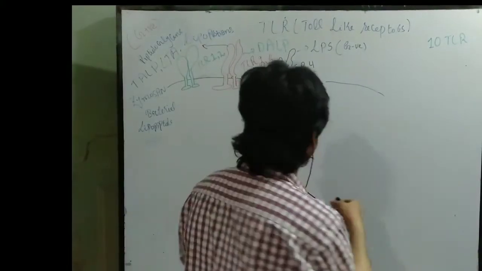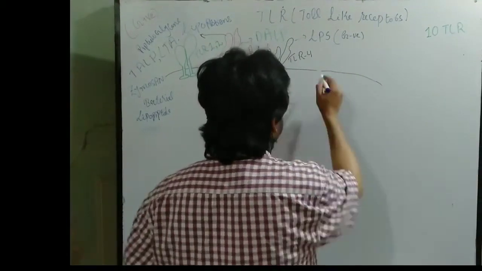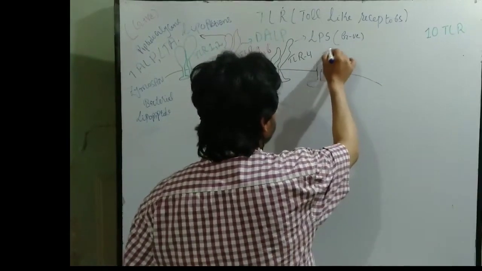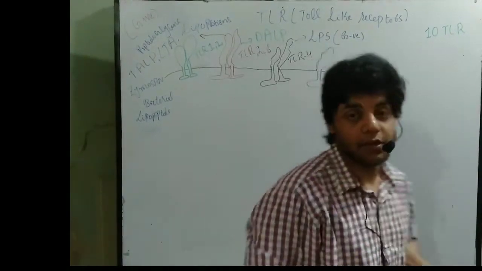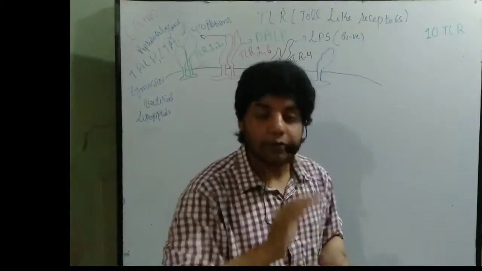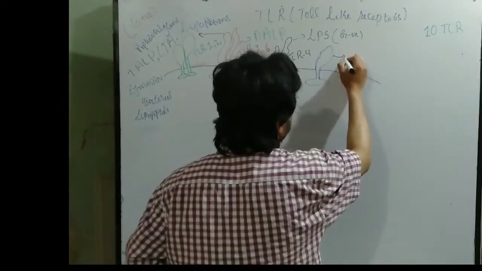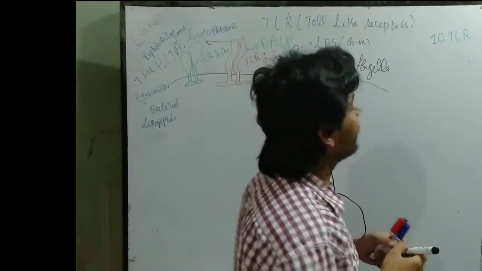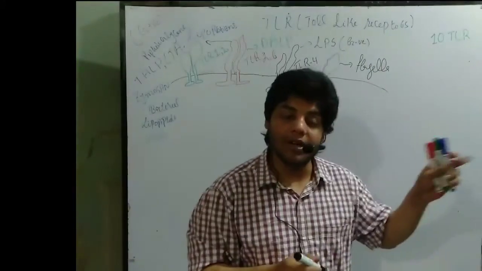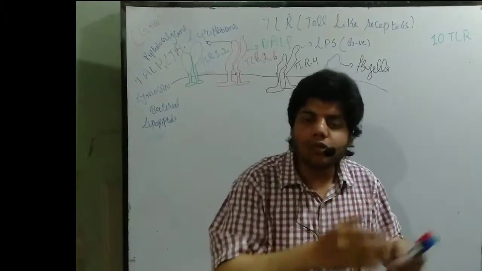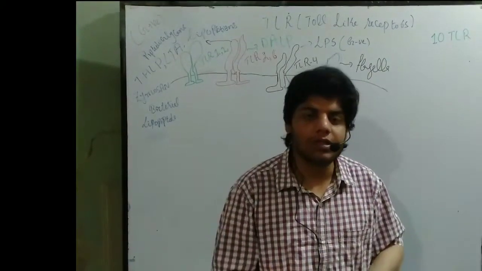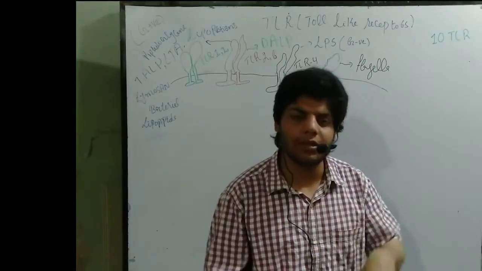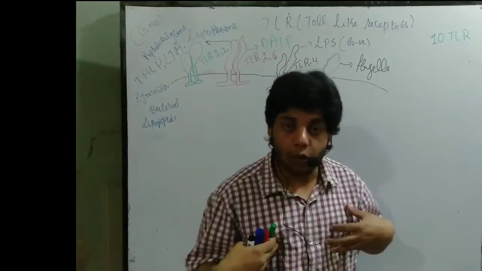Then we have another toll-like receptor. Let me draw it with the blue marker. Let's say this is toll-like receptor 5. This toll-like receptor 5 usually detects flagella. But keep one thing in mind: they detect the flagella of bacterial cells. Flagella are also present in our own cells, for example in the sperm cell, and in some other cells inside our own body.